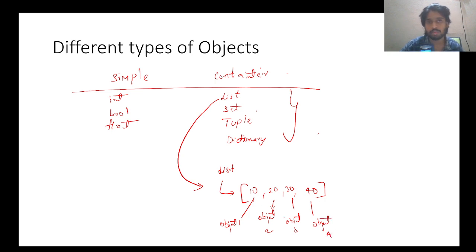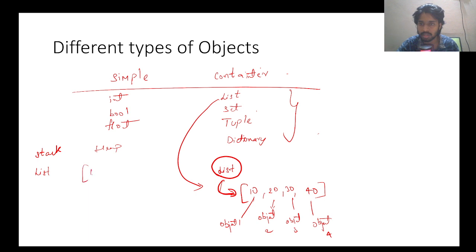So we have four objects here. We are trying to group these four objects, and we are using one single name to represent this object. So inside the stack we'll have list, and inside the heap the list object is created here. This will get pointed to this. This is nothing but the container object.